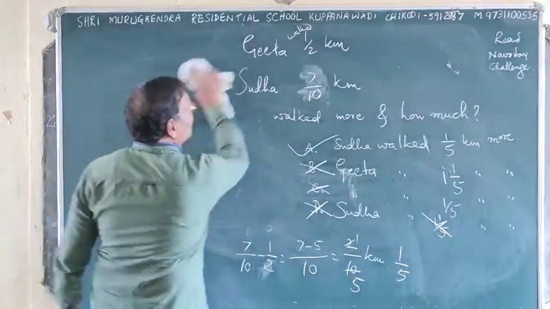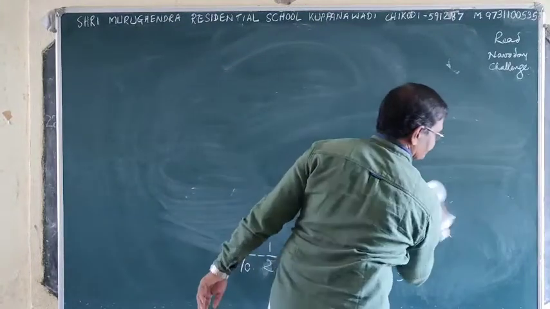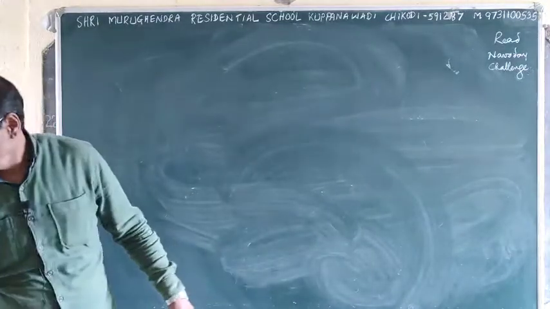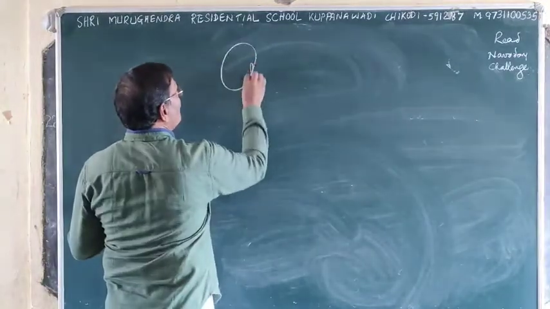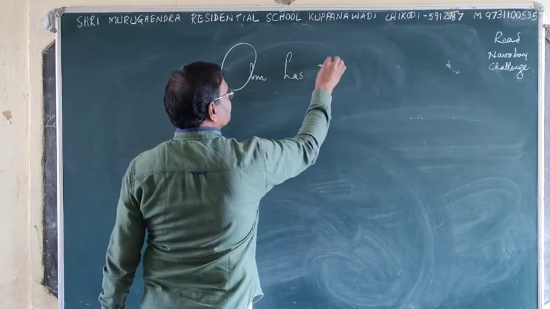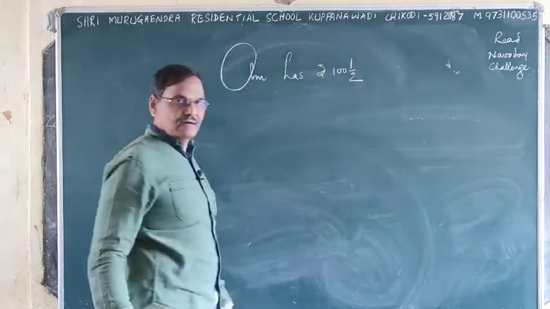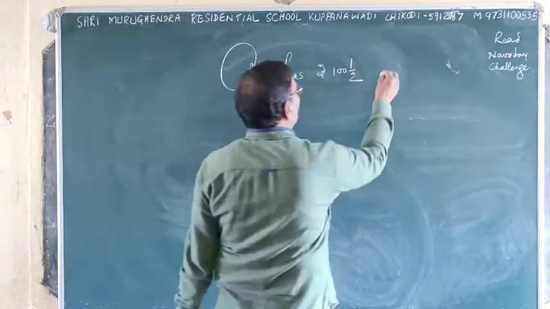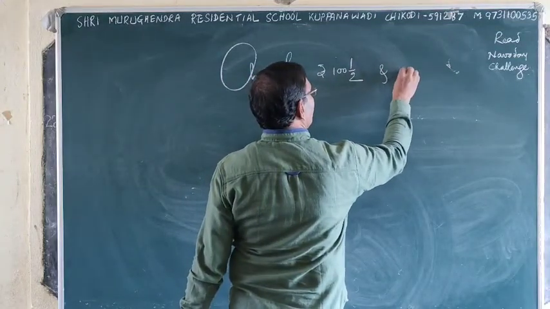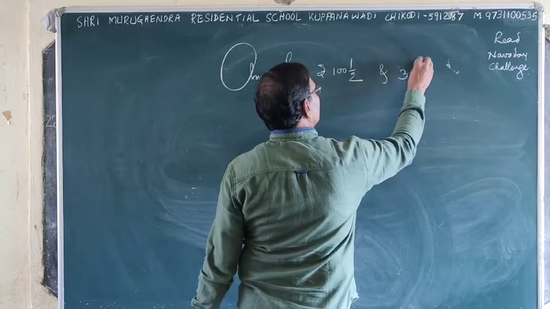See, one more application I am giving. Om has Rs 100 and a half, 100 of 1/2, and 3 of 3/4.